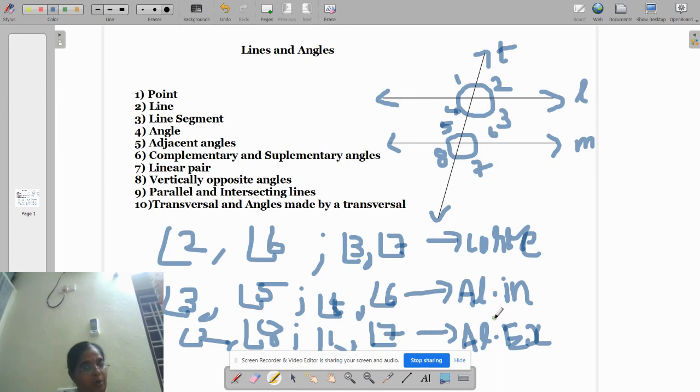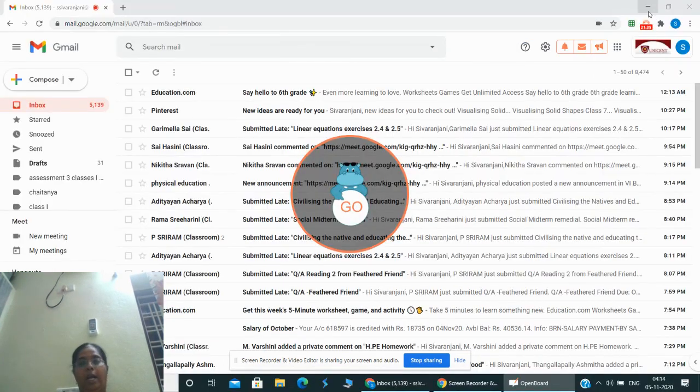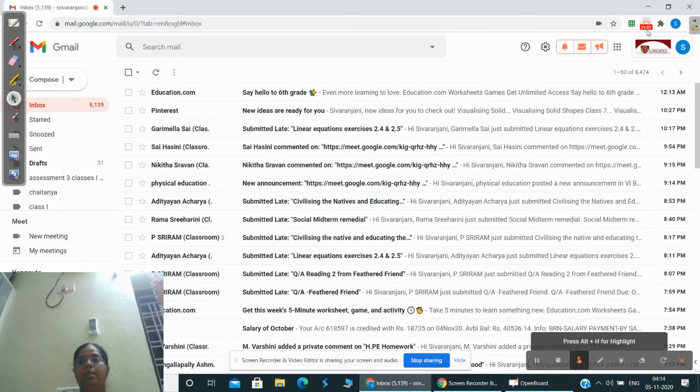Here you are having two types: one is alternate interior angles and the other is alternate exterior angles. Angle 3 and angle 5, angle 4 and angle 6 are alternate interior angles. Angle 2 and angle 8, angle 1 and angle 7 are alternate exterior angles. These angles are also equal. I hope children, you all understood all these things.